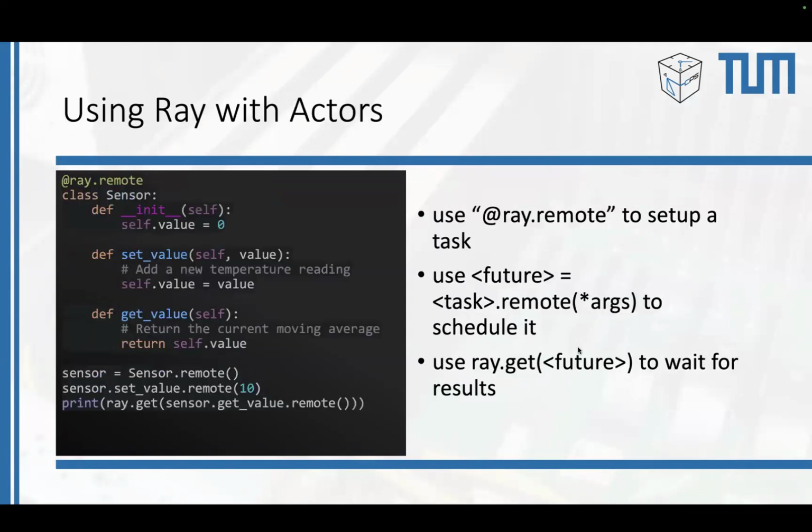So, what about actors? Actors are classes, and basically they follow the same idea. Instead of decorating the function, you decorate the class. Here is a sensor where I have a simple set value and a simple get value, and it keeps a state by saving this value in here. It doesn't do much, right?